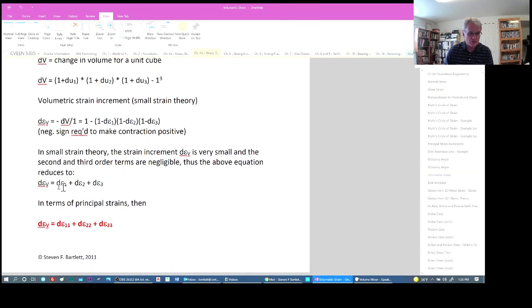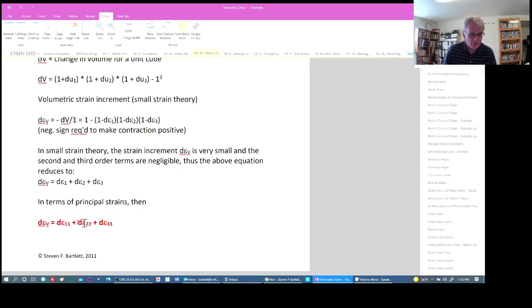So we're just going to say the volumetric strain is mainly due to changes in dε1, which is the strain in the x1 direction, dε2, the normal strain in the x2 direction, and dε3, which is the strain in the x3 direction.